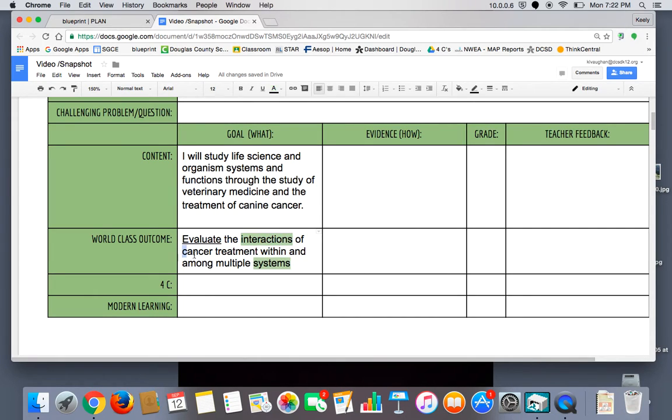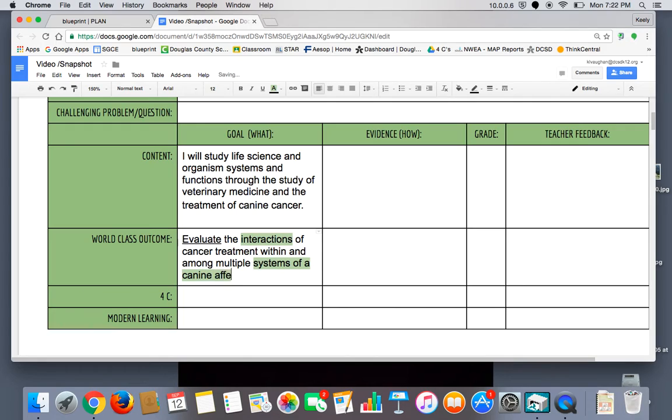I'm looking at the interactions of cancer treatment. And I want to think about on what. And in this case, I'm thinking about the systems that those things are interacting with. I'm looking at the systems of a dog, of a canine. So evaluate the interactions of cancer treatment within and among multiple systems of a canine affected by cancer.